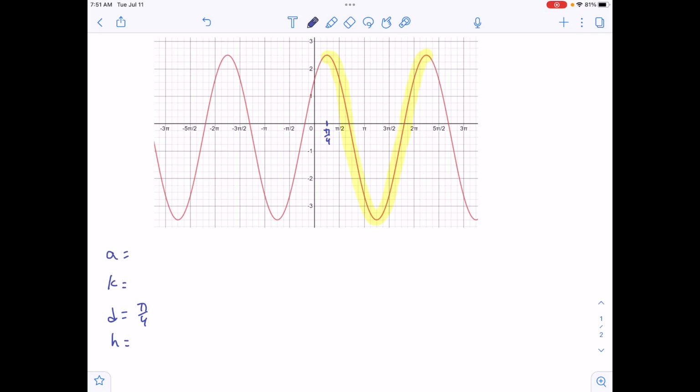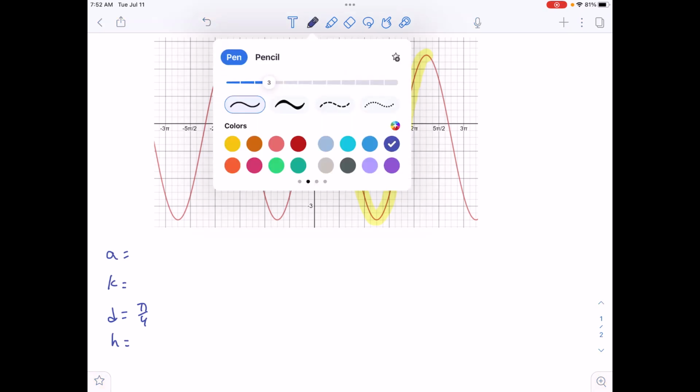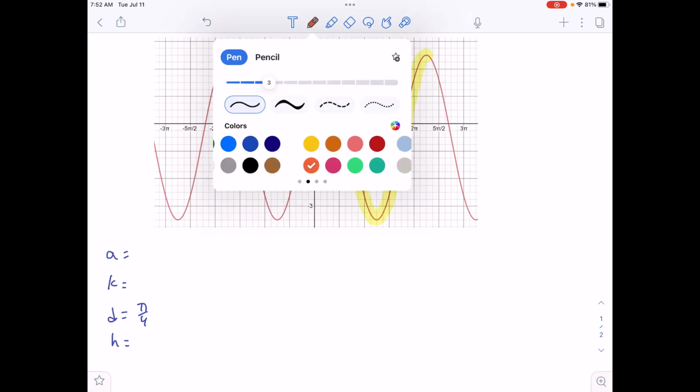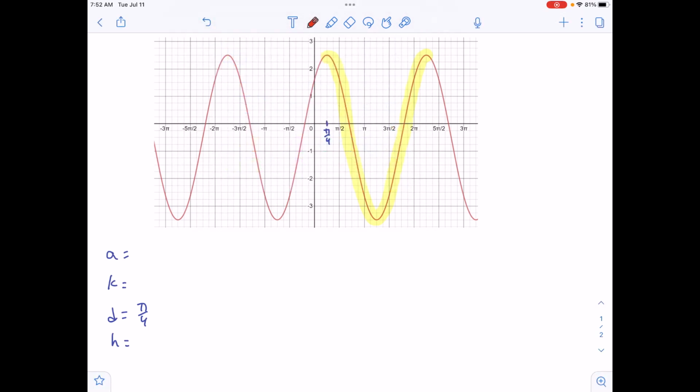Okay, let's figure out now, we've got a max and a min that we've got to deal with. Our maximum value here is 2.5. And our minimum value is going to be -3.5. So where's our midline going to be?